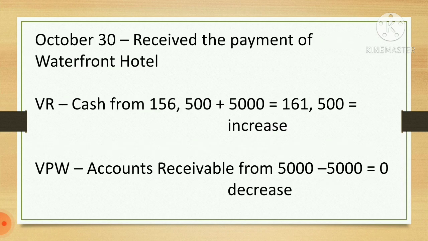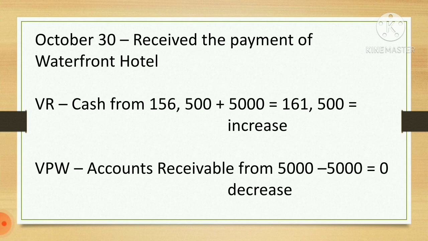Now, in October 30, the company received the payment of Waterfront Hotel. So what's the value received? Since you received the payment, obviously you received cash. So from 156,500 plus, how much did Waterfront Hotel owe the company?